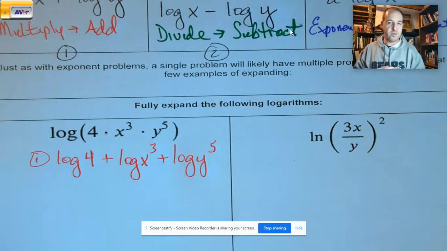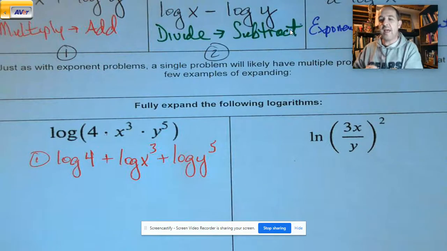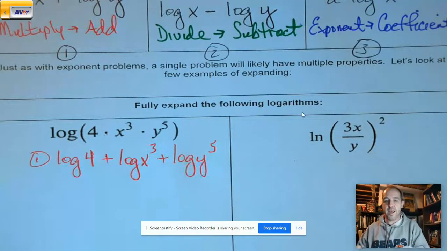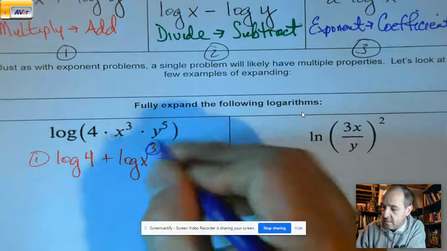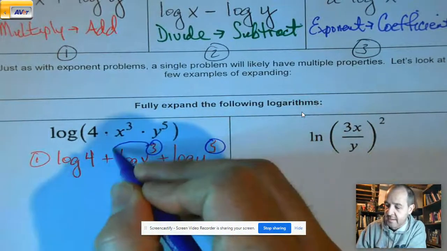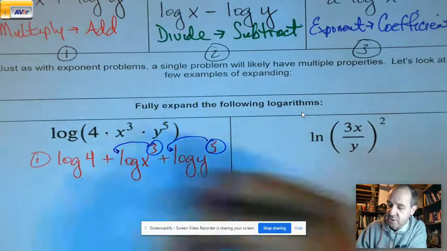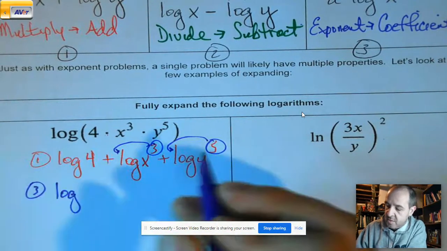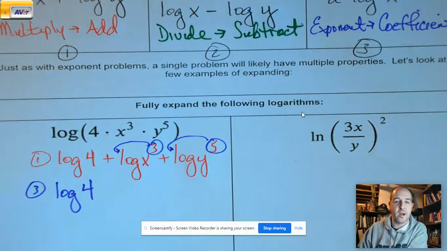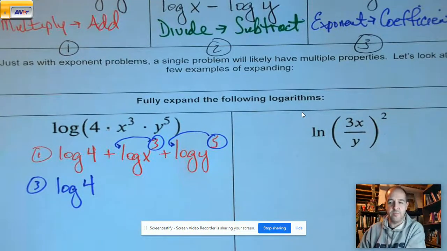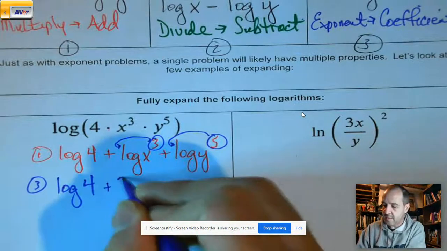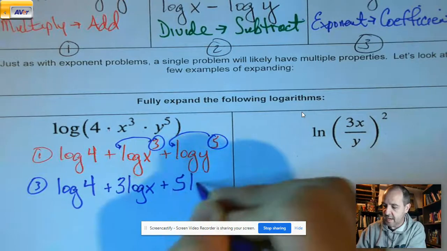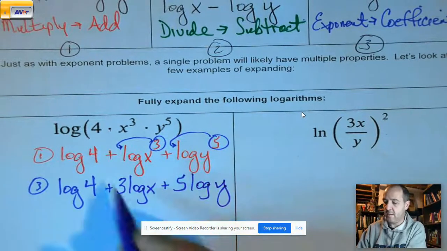I don't see division anywhere, so I don't have to do that one. And then my last step would be to turn my exponents back into coefficients. There's no exponent really on my 4 that would do anything, so we just leave that alone. Plus 3 log x plus 5 log y.